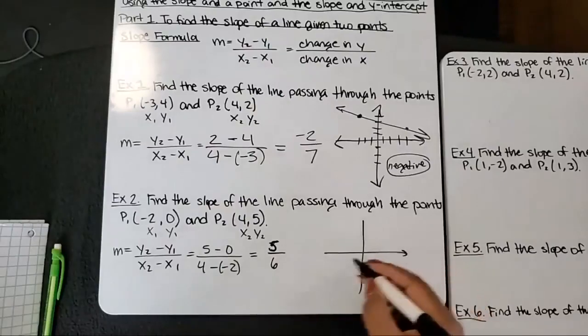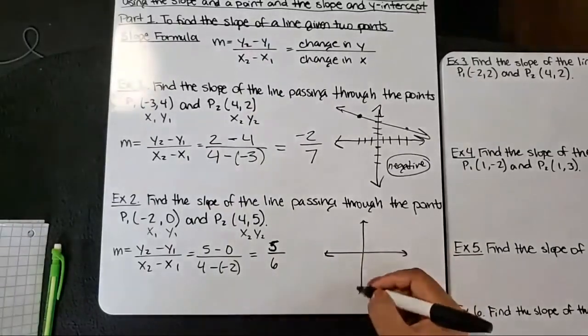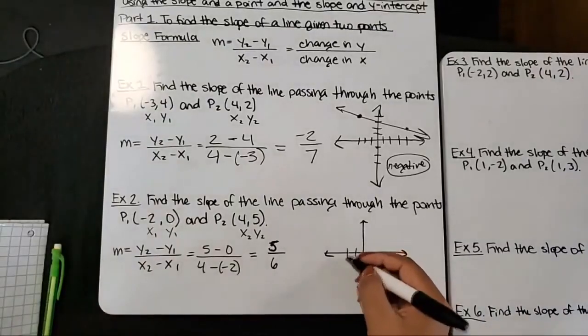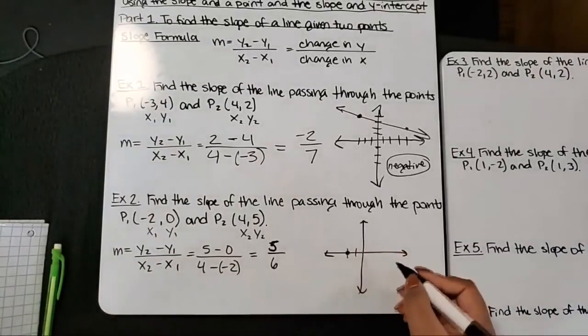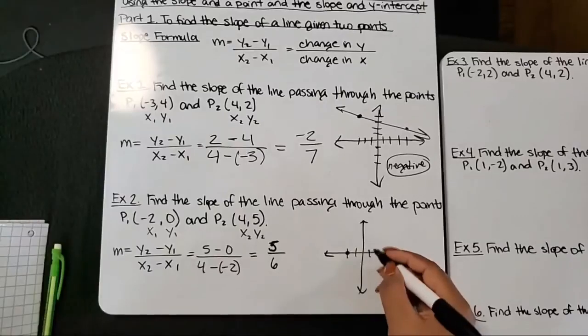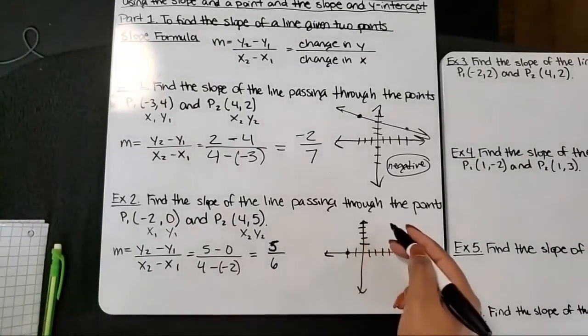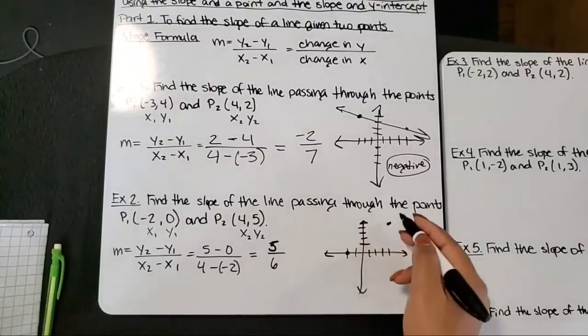When we graph that, all we have to do is graph our 2 points. We have (-2, 0) and (4, 5).